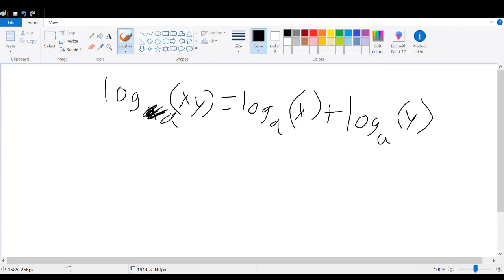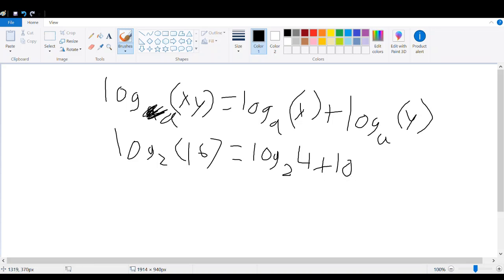And I actually want to prove that this works by plugging in test values. So we'll have hypothetically log base 2 of 16. That's 4, because 2 to the power of 4 is 16. But we're going to simplify this. So log base 2 of 4, because 16 equals 4 times 4, so log base 2 of 4 plus log base 2 of 4.